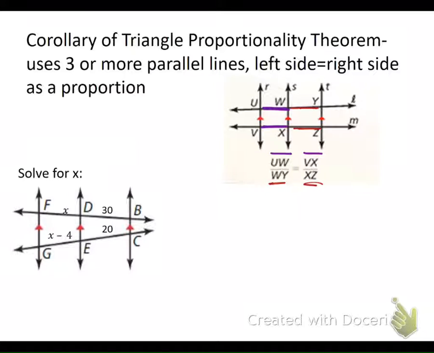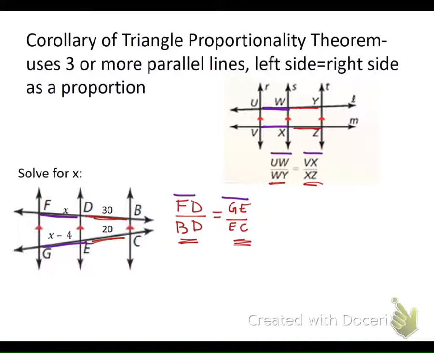So let's see if we can figure this out on our own then. It says solve for x. Devin, what proportion would you set up based on this? FD over DV equals GE over DC. So what he said here is FD and GE align. That's good. And DB over EC.